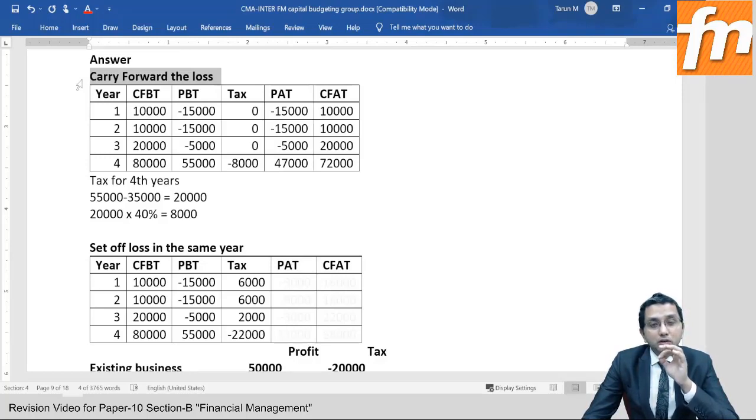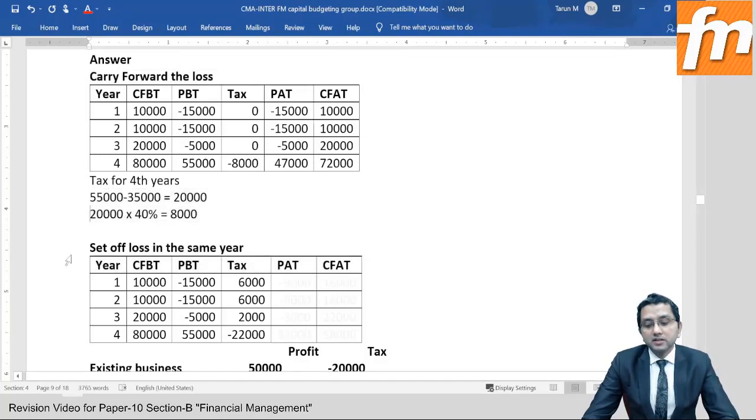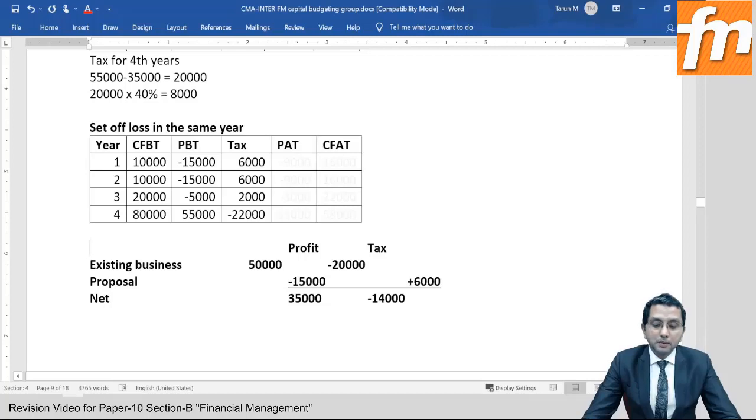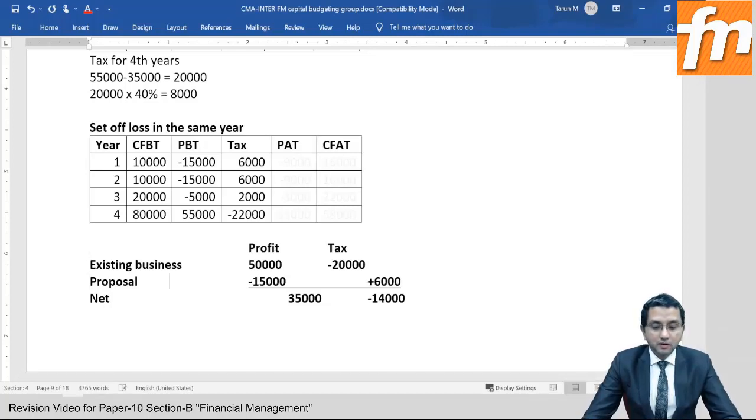In that particular situation only, you should carry forward the loss. Otherwise, if the question is silent, always assume that I have other profitable business activity, and that's why if there is a loss, I'll take the tax benefit. Right? Okay, fantastic.